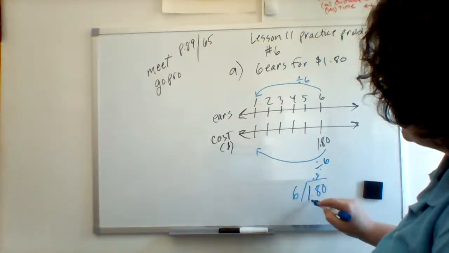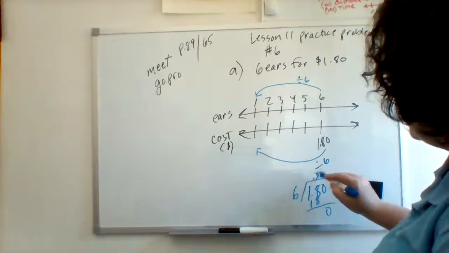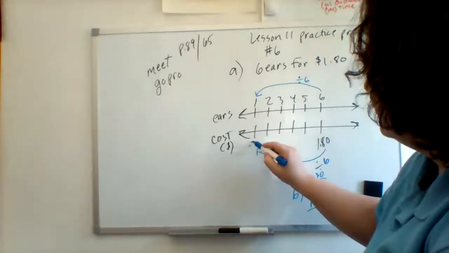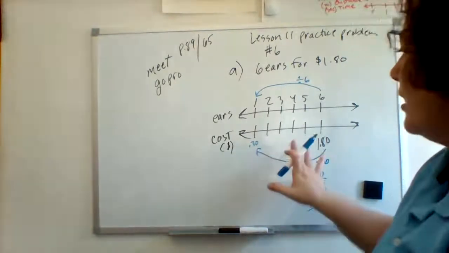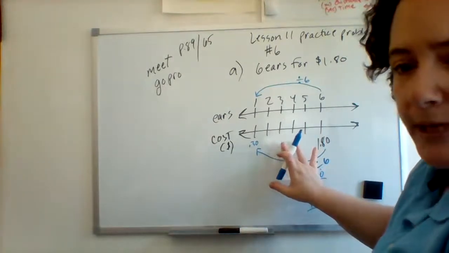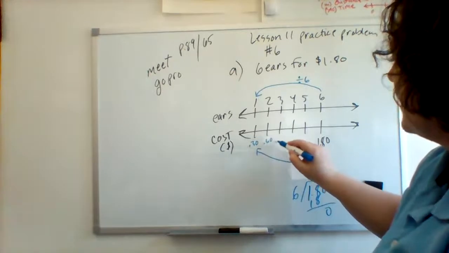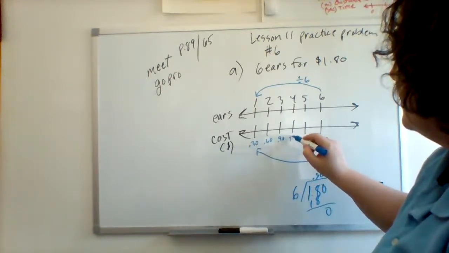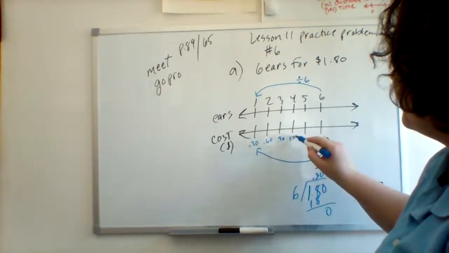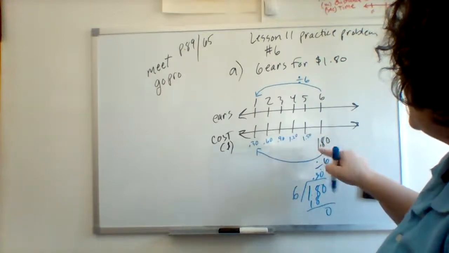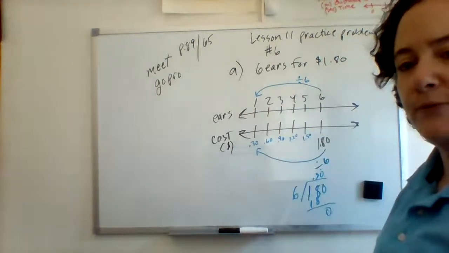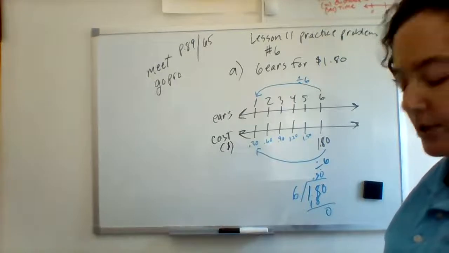She said it was 30 cents. And she is correct. That means that on this part, the cost part, we're counting by 30 cents. So 30 cents, 60 cents, 90 cents, $1.20, and then $1.50, and then $1.80, and it matches perfectly. Nice job. Nice job, 6th grade.